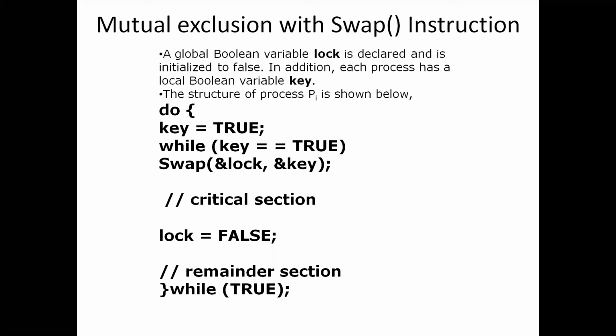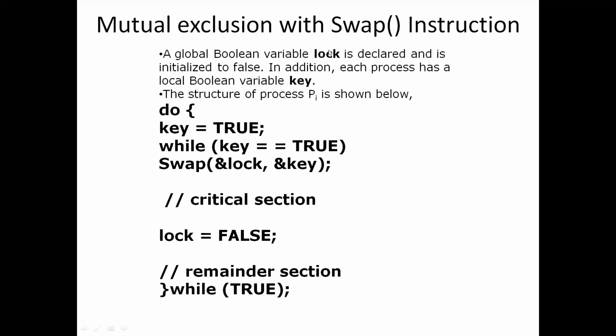Now we'll see the mutual exclusion with swap instruction. First the key will be set to true. Every process will have a local variable key, and if the process wishes to execute in the critical section, that process's local variable key will be set to true first. So now the key is holding the value true and lock is holding the value false.